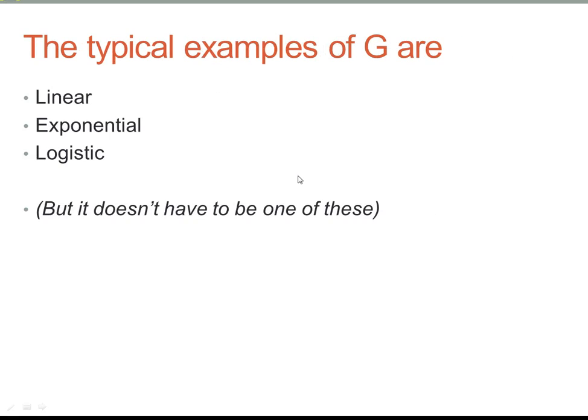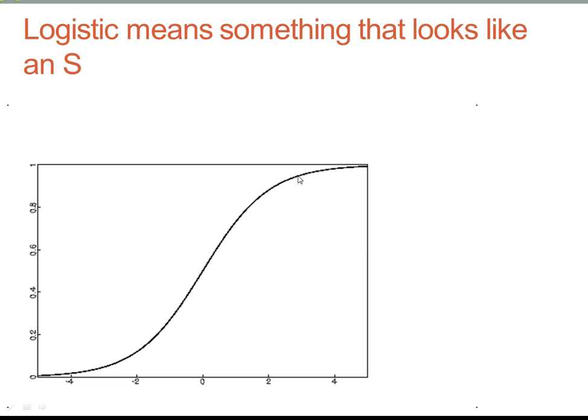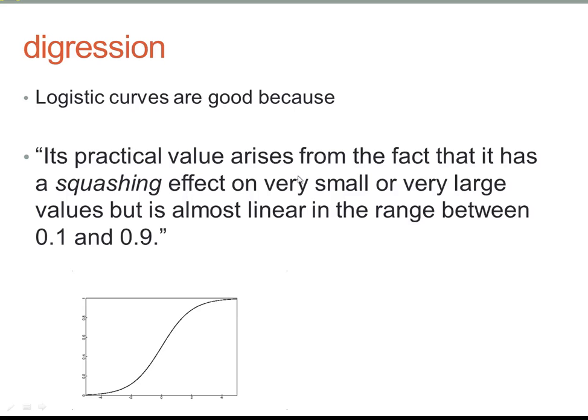When we use a logistic curve, which is this kind of curve, I'll explain a little bit about what's so good about logistic curves. They're good because their practical value arises from the fact that they have a squashing effect on very small or very large values, but are almost linear in the range between 0.1 and 0.9.